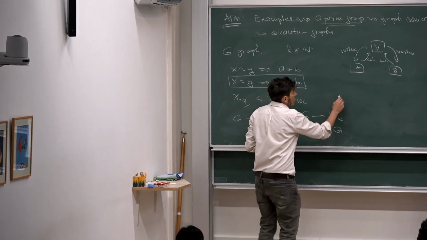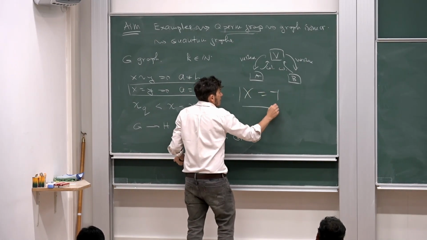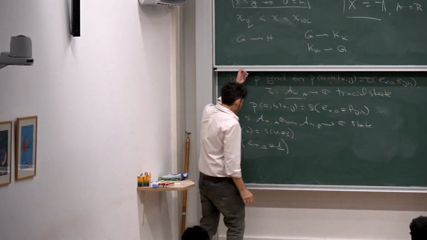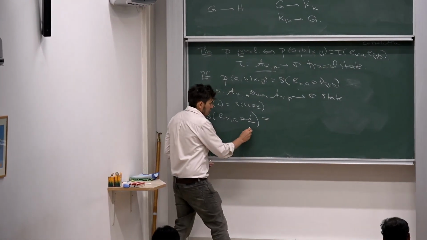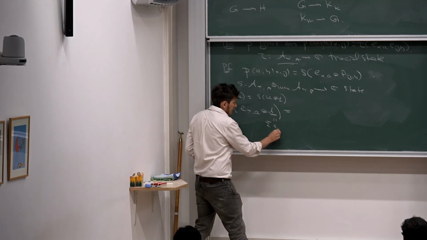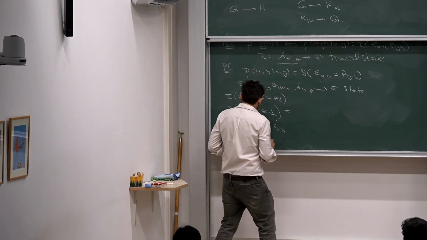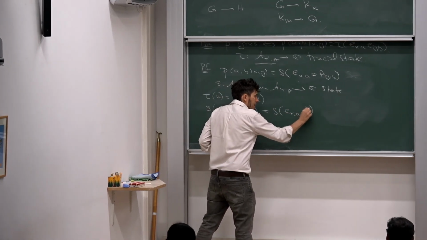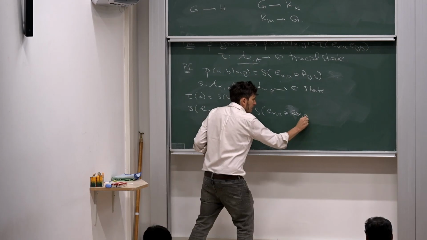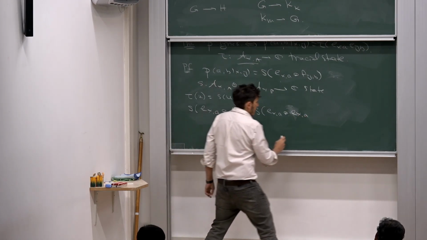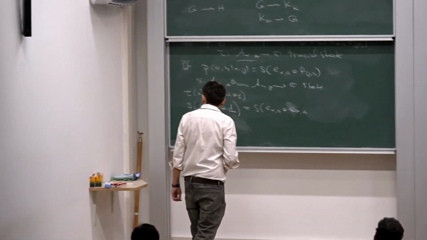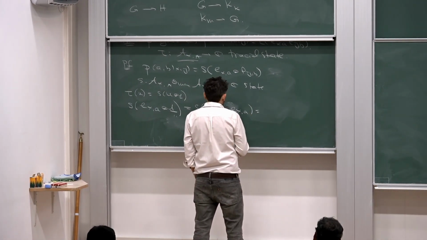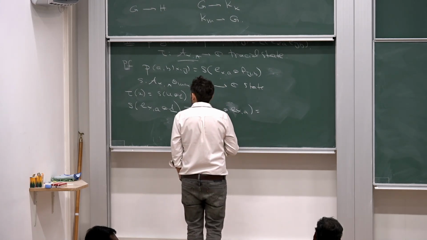So x equals y, and a equals b. You analyze 1 as the sum of E_{xb}, and you see that the synchronicity condition gives you that the only thing that remains here is E_{xa}.